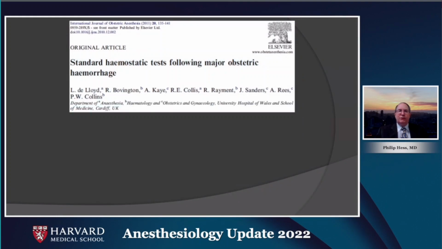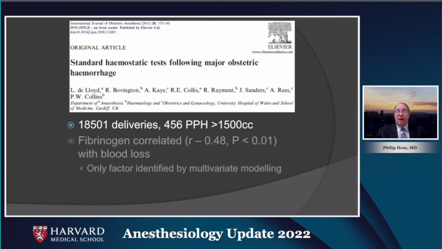One of the better measures for obstetric hemorrhage actually turns out to be something that was discovered in this study by Deloitte. They looked at 456 women who had significant postpartum hemorrhage, and they found that of all the measures, the one that correlated best, and the sole one identified on multivariate modeling, was fibrinogen.